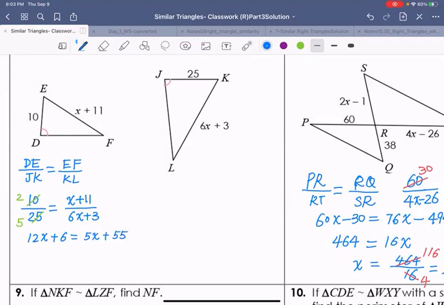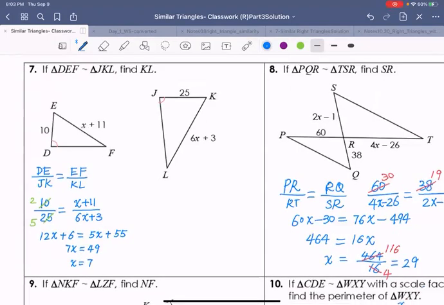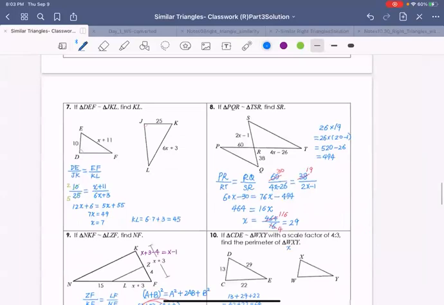Next. So 7x is equal to 49. X is equal to 7. Good job. So then we just plug it into KL. So 6 times 7 plus 3 equals 45. There you go. Okay. Very good.